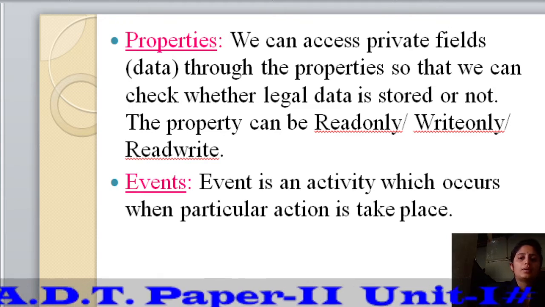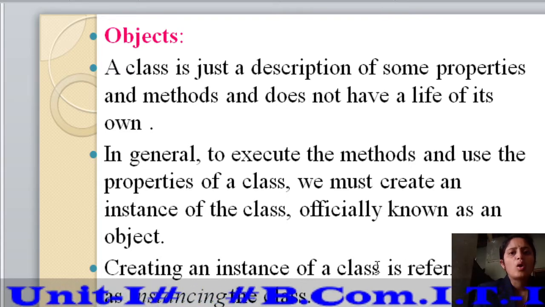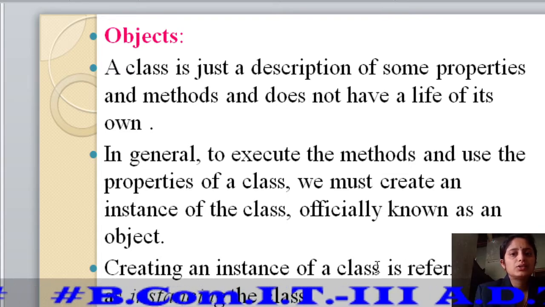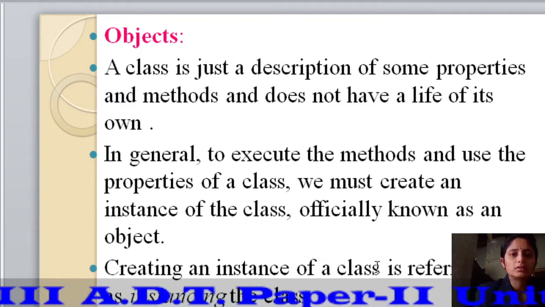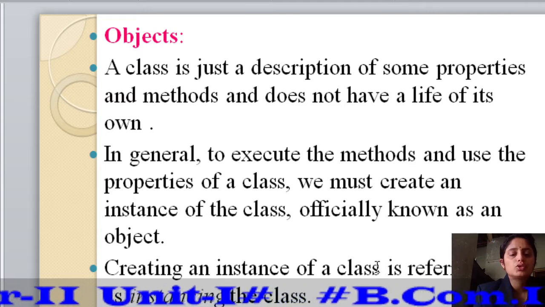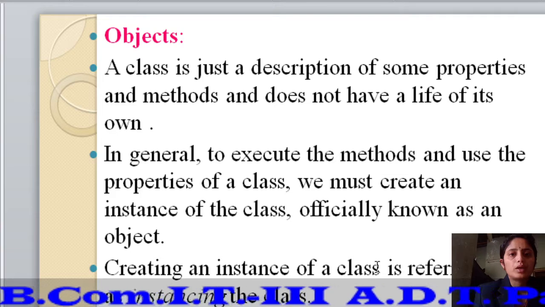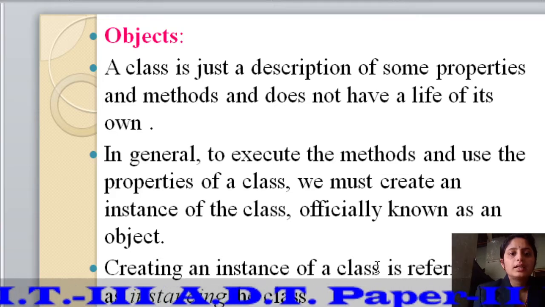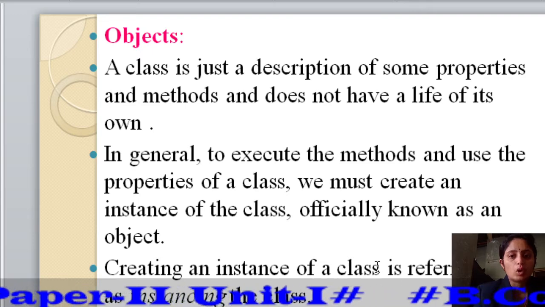Let's see about objects. What is an object? A class is just a description of some properties or methods and does not have a life of its own. In general, to execute the methods and use the properties of a class, we create an instance of a class, officially known as an object.